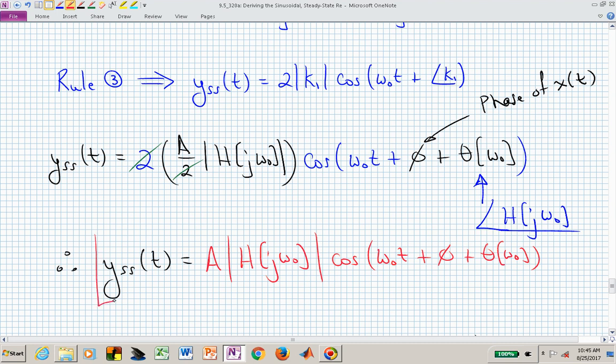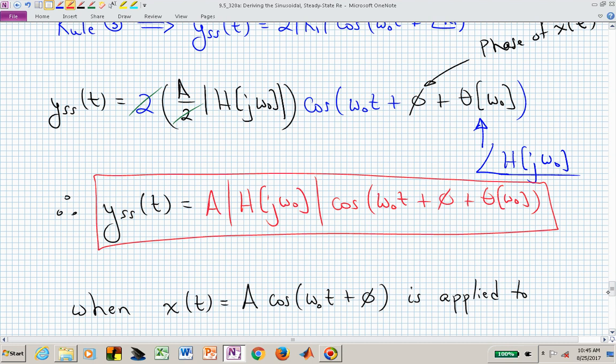And that is now the formula that we set out to derive, and all of that is a result of shaking the system with a frequency omega naught, an amplitude of A, and a phase shift of phi.